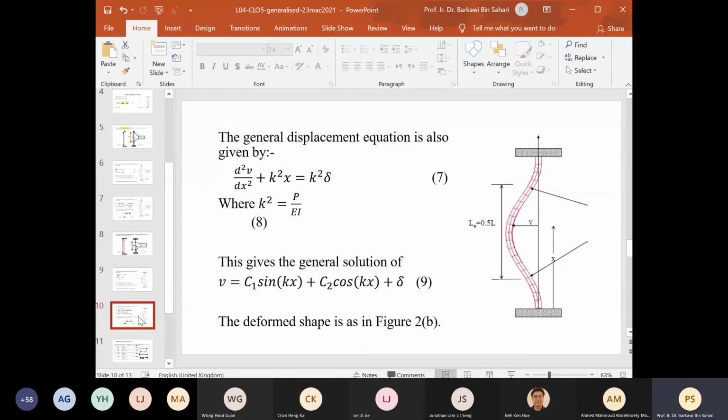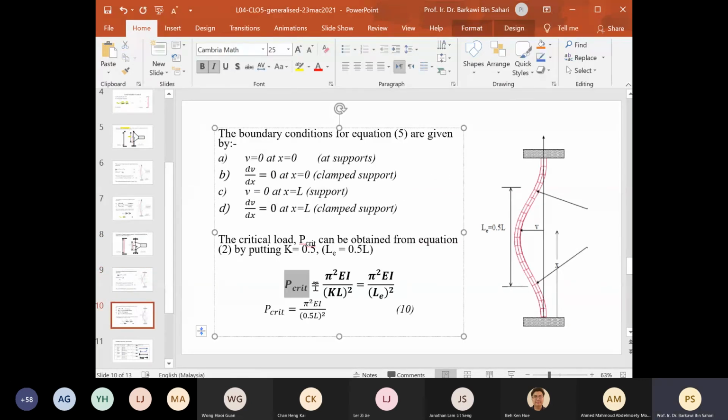At the end we get P critical equal to pi squared EI over LE squared, and LE is 0.5 of the length. So this is how we generalize the equation from the effective length concept. Just remember it is the distance between two zero bending moments.